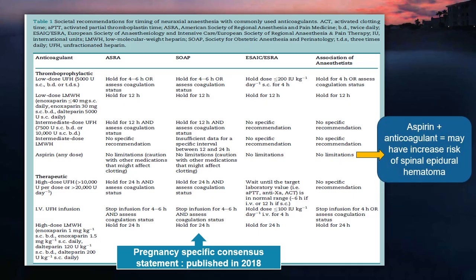But bear in mind that if the aspirin is being combined with, for example, Clexane or Fraxiparine, the guideline says that you have to wait for 12 hours before you give patients spinal anesthesia. It may not be applicable, because aspirin and anticoagulant may have some synergistic effect, and if the interval is not well documented, we may put the patient at risk of spinal epidural hematoma. So we have to keep that in mind as well.